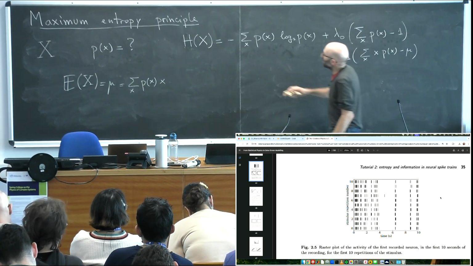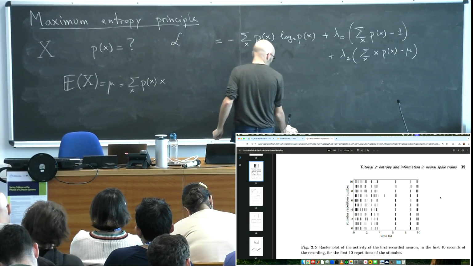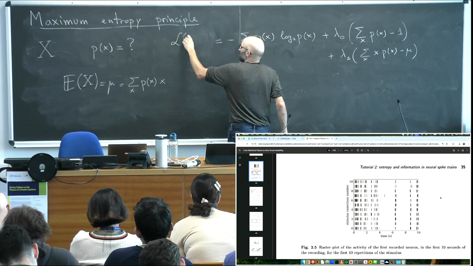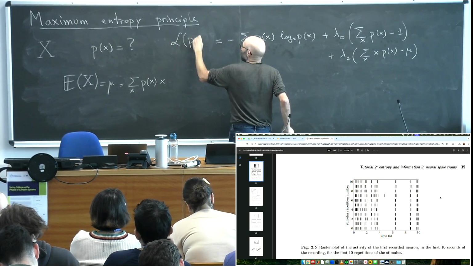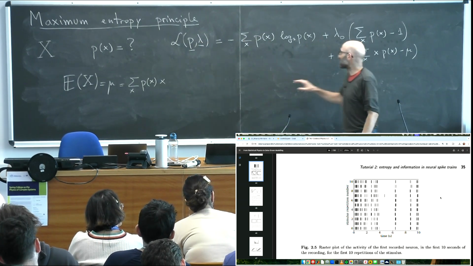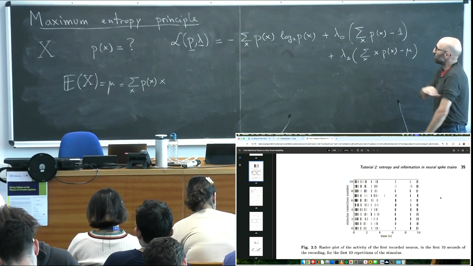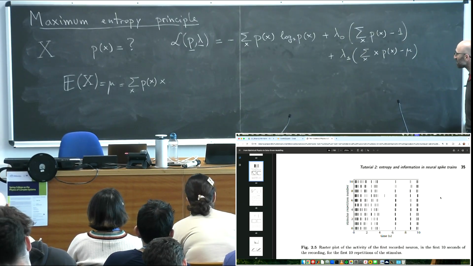The recipe is that we call this the Lagrangian. This will be a function of p, the vector of the probabilities, and of lambda, the vector of Lagrange multipliers. You will have one multiplier per constraint.